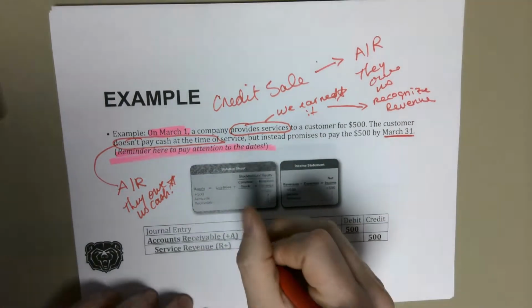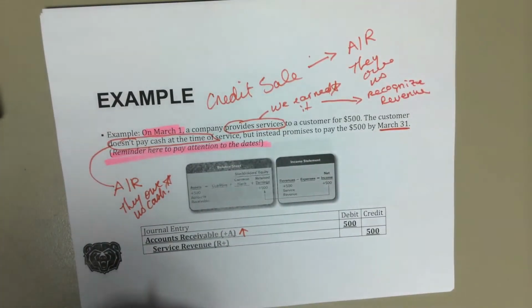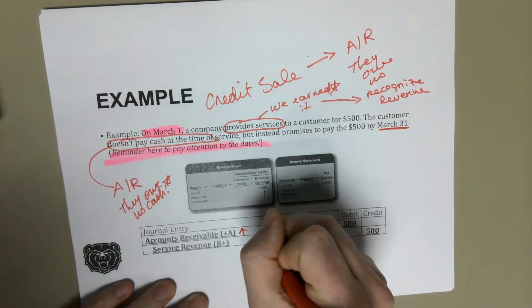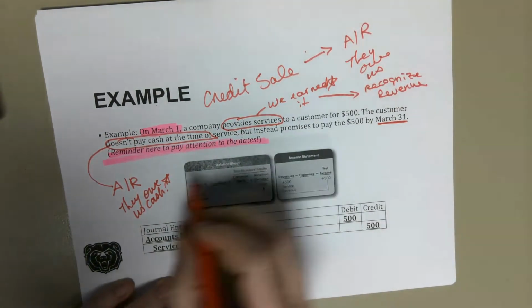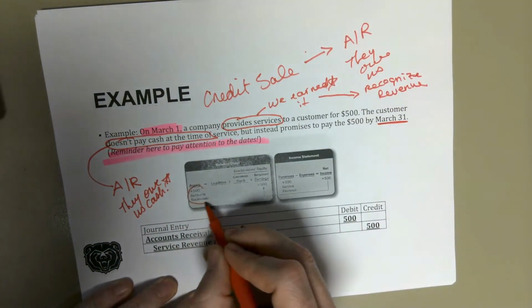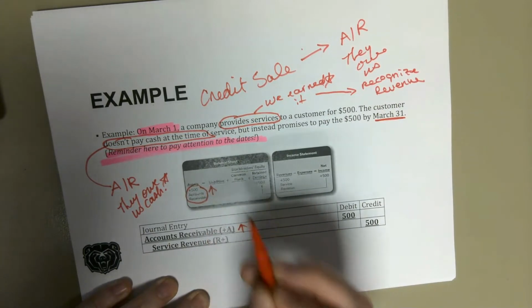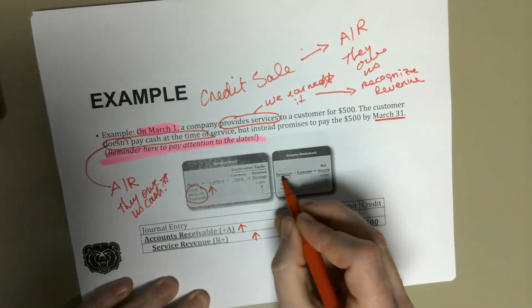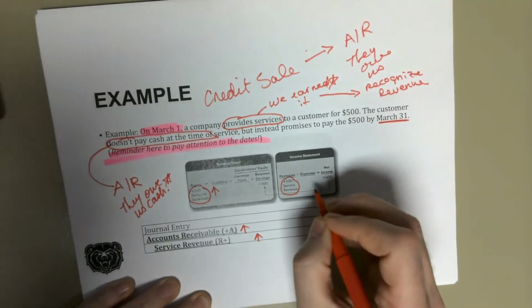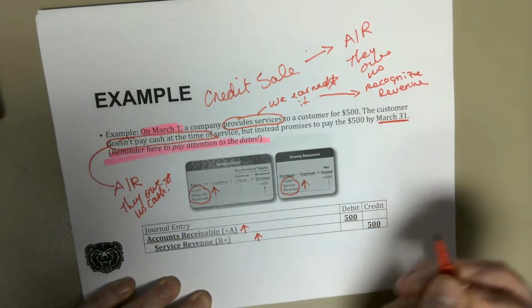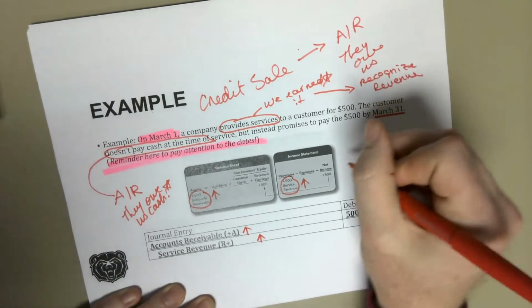So what we're going to do is increase that asset account, and increase our revenue account. We can see that right here. We have a $500 increase to assets, but we've also got that $500 increase to revenues. This keeps our equation in balance.